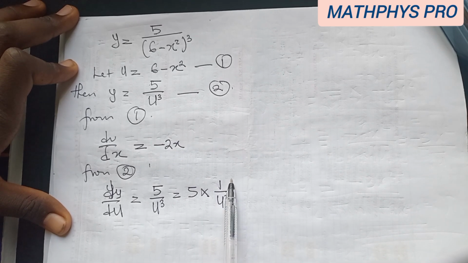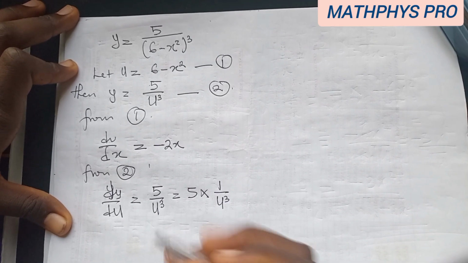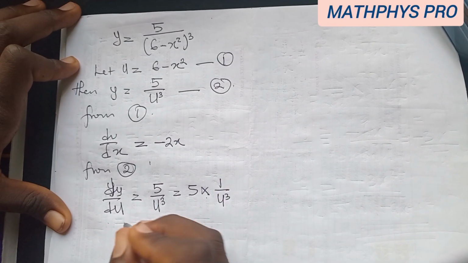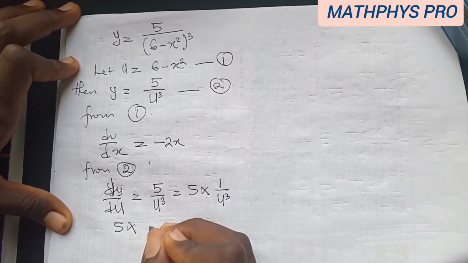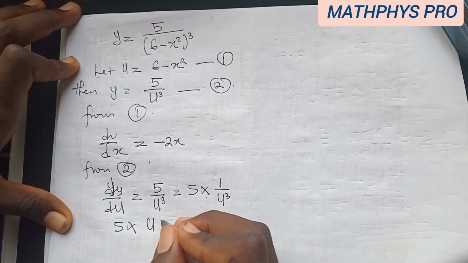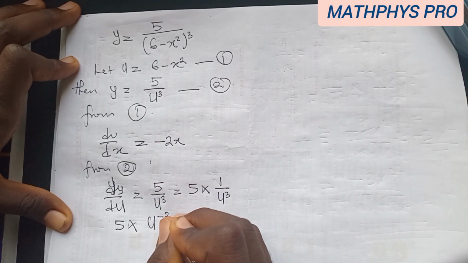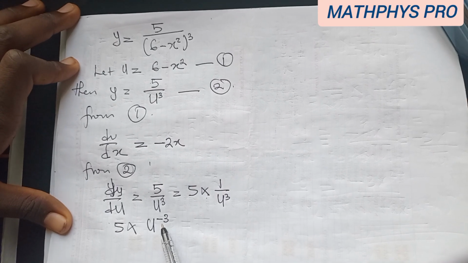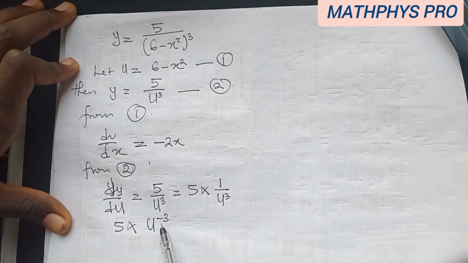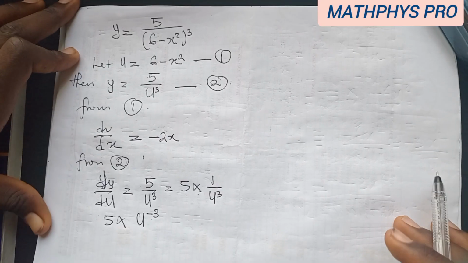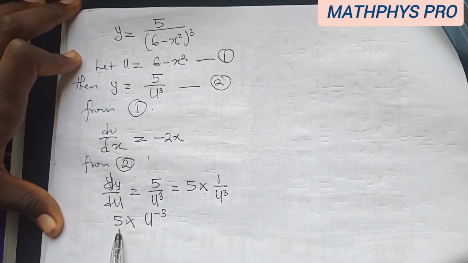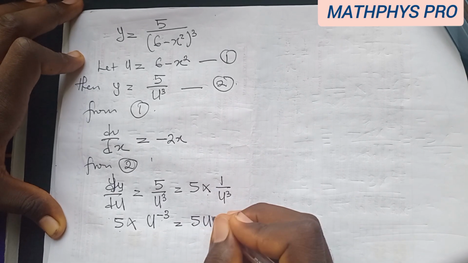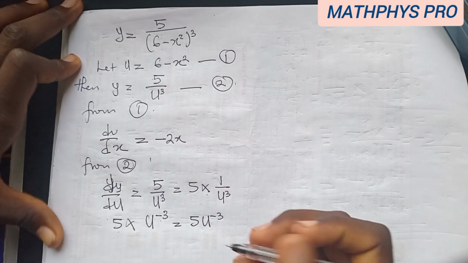So 5 times 1 gives you the 5. So now this can also be written as 5 times u raised to the power minus 3, according to the negative law of indices, the negative index law. So now we can say that this is 5u raised to the power minus 3.